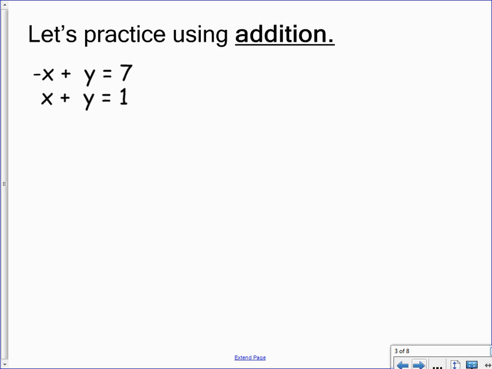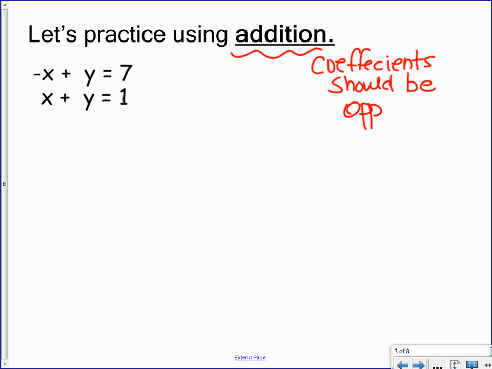But notice, since we're going to use addition, we want the coefficients to be opposites. That's our goal, because if we're adding opposites, we know they will cancel. Well, look, my x's are opposites of each other. I set this up just like a standard addition problem.